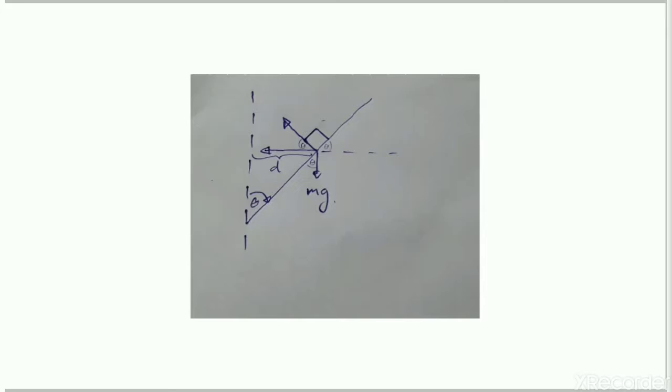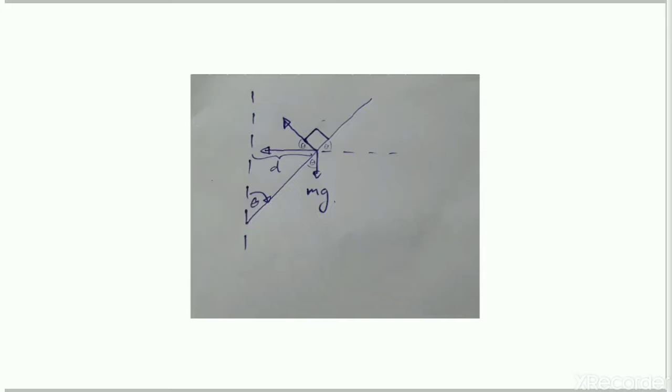The mg is the weight of this object, and the arrow along the d is called centripetal force, and the other arrow is there to represent the normal reaction. There is a part of the weight that is acting towards the vertex of this cone, that is mg cos theta.